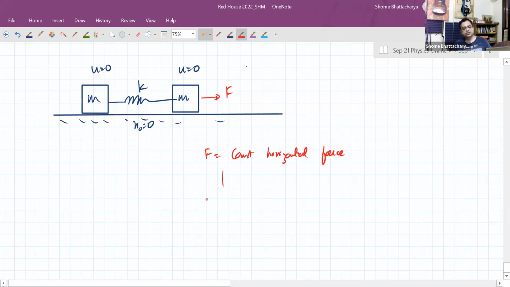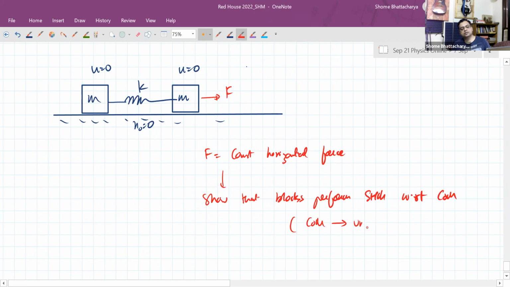Again, we have to show that the blocks perform SHM with respect to the center of mass. Keep in mind that the center of mass will be uniformly accelerated.